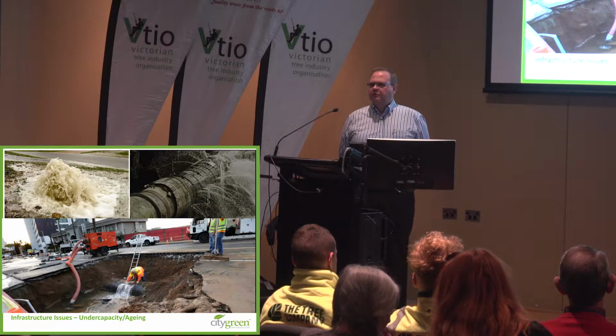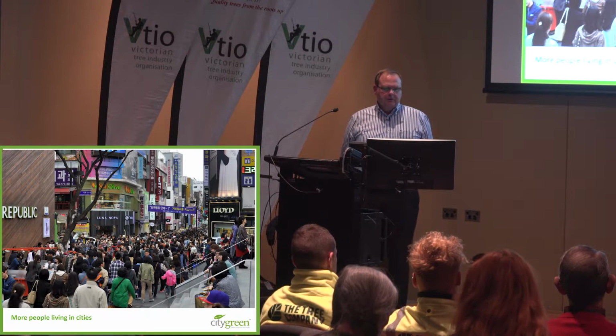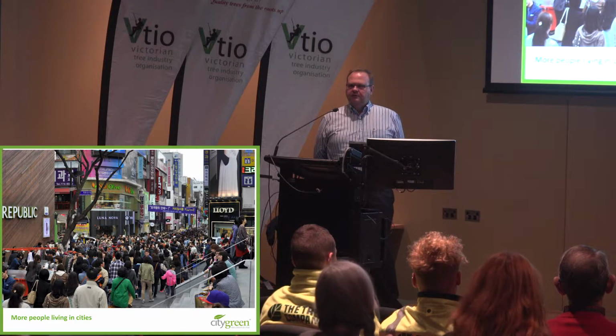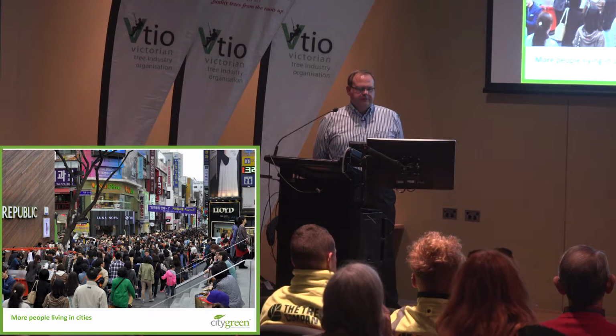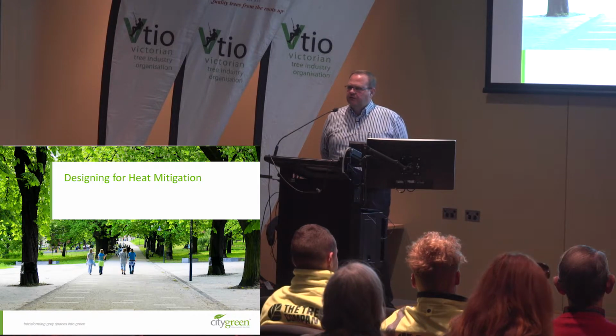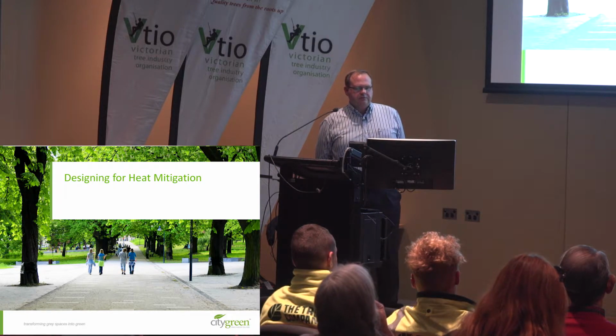You need to deal with that on site. And we've got more and more people living in cities and needing green space. So I'm going to talk about a couple of aspects of how we can seek to address that with trees.